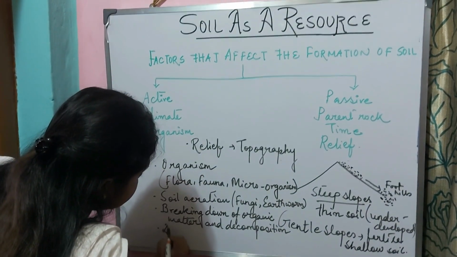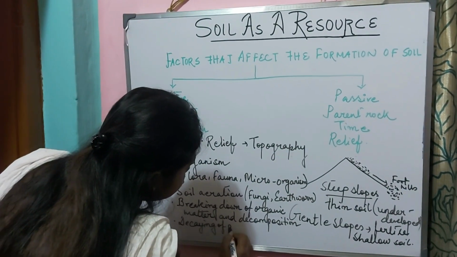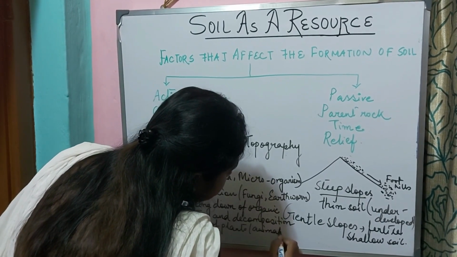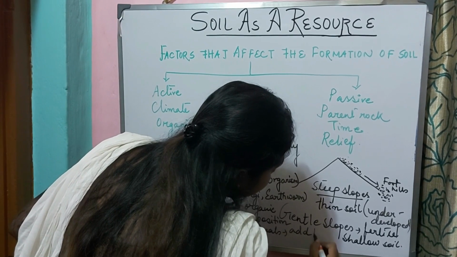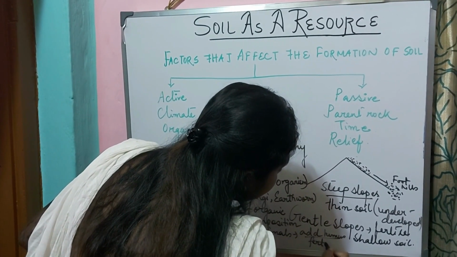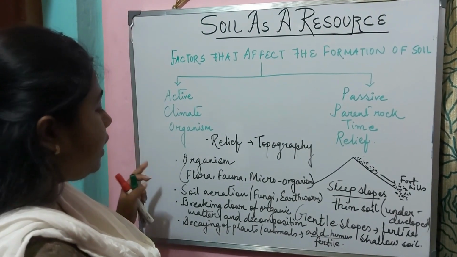The decaying of dead plants and animals adds humus to the soil, which means it will become more fertile. So fertility of the soil is dependent on the organisms.